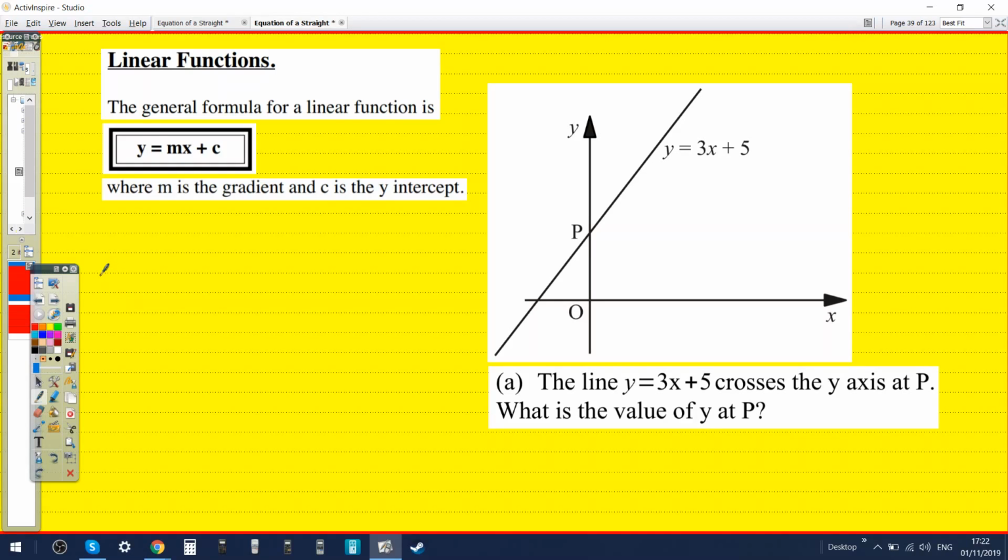And how'd you get -5? I don't know. I put +5 on the other side, but it's just +5. It is when x is 0. So on the y-axis, x is 0. Oh, okay. So you get 3 times 0, which is just 0. And so the y there is 5. And so those two match up with each other.